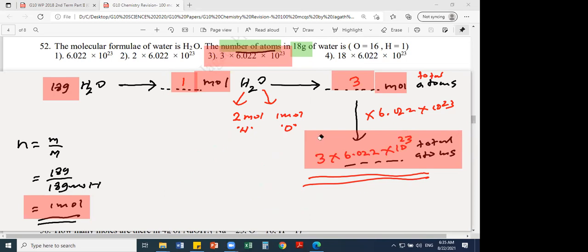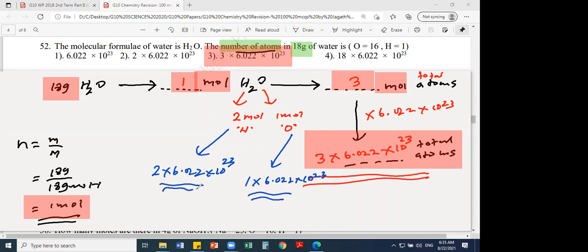For 1 mole of water, which has 2 moles of hydrogen, hydrogen atoms will be 2 into 6.022 into 10 to the power 23. Then oxygen will be 1 into 6.022 into 10 to the power 23. That's how you get the answer.